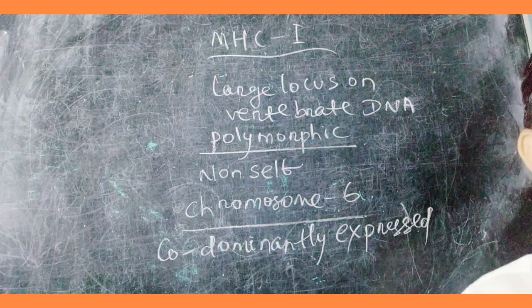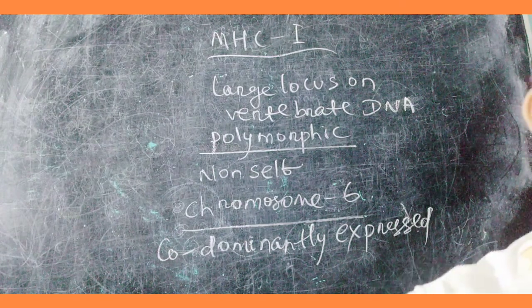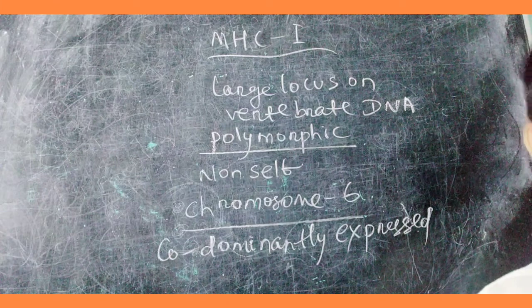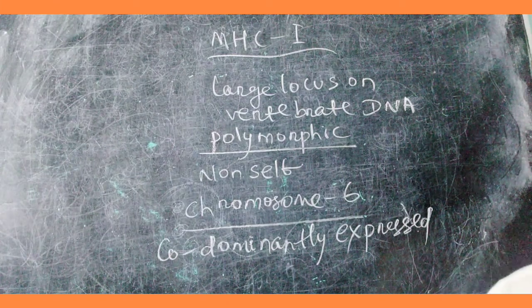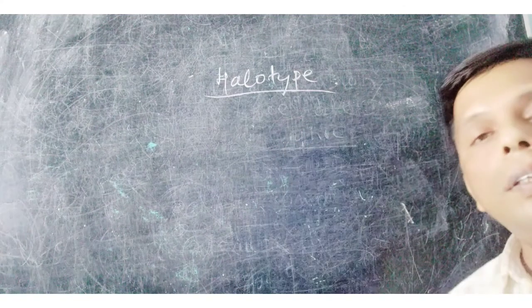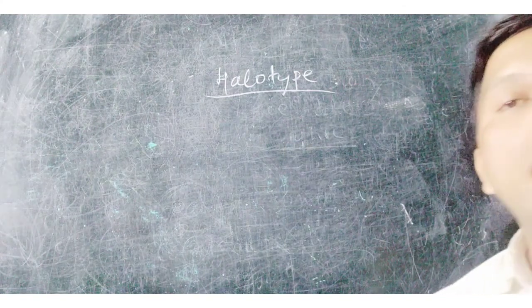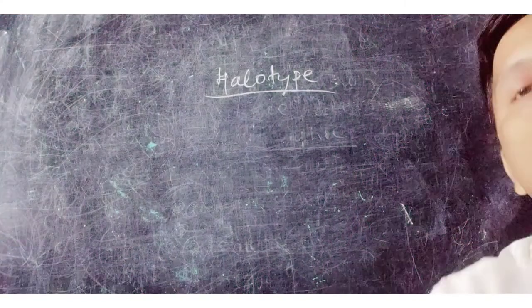The genes of MHC lie together and are inherited as a common form of the parental genome, so it is otherwise called a haplotype. These genomes are inherited as haplotypes. What do you mean by haplotypes?